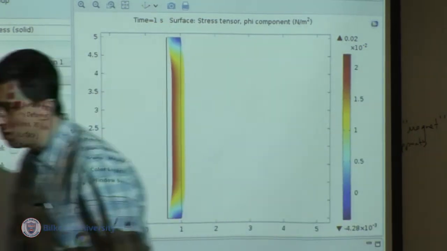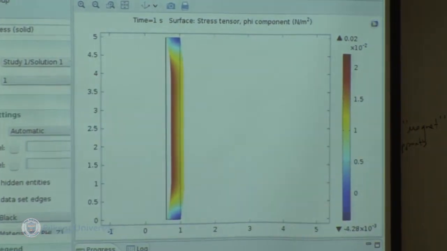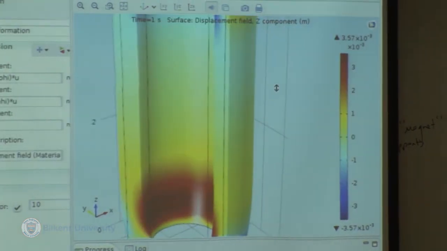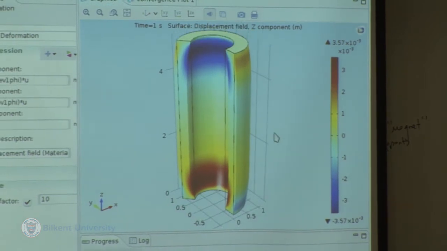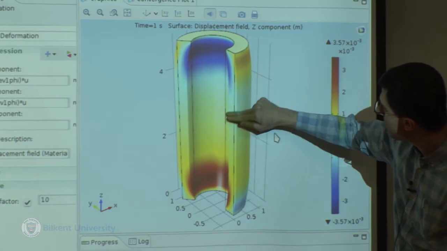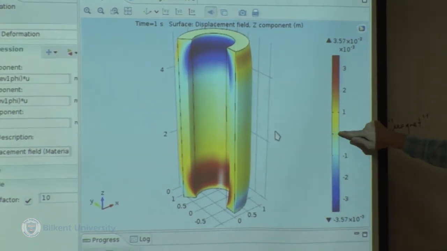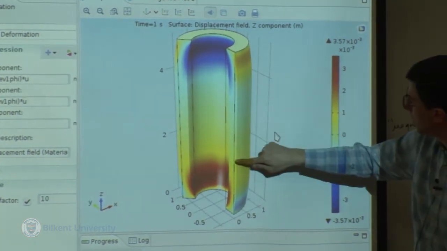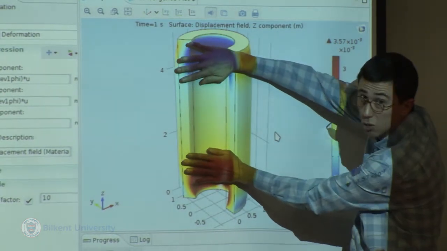So if we look at the displacements as well, what you will see is that, yes, at the ends there is some axial displacement, but in the middle, yellowish is 0. In the middle, in this region, it is close to yellow.